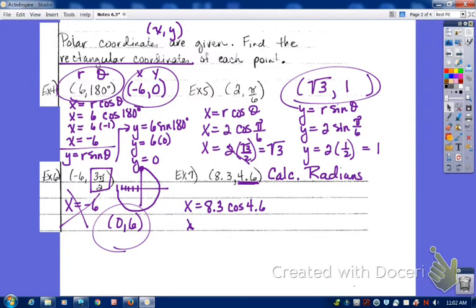You can just round to the nearest tenth here. 8.3 times cosine of 4.6 radians is negative 0.9. And then to find your y value, you're going to do your radius times sine of 4.6 radians. And that's going to get you your y value, which is also negative. And just round to the nearest tenth.